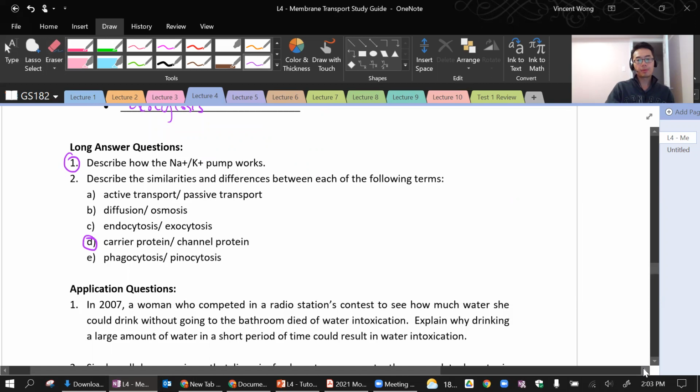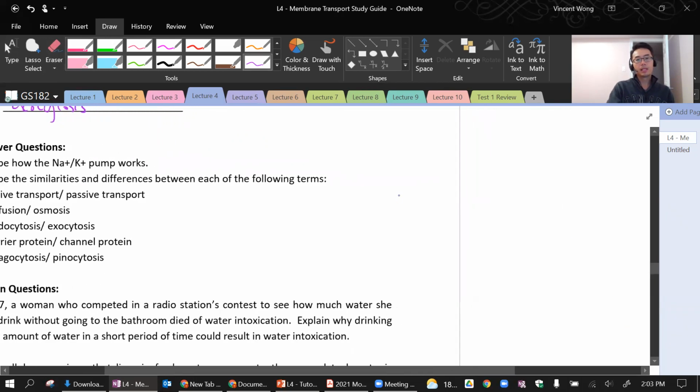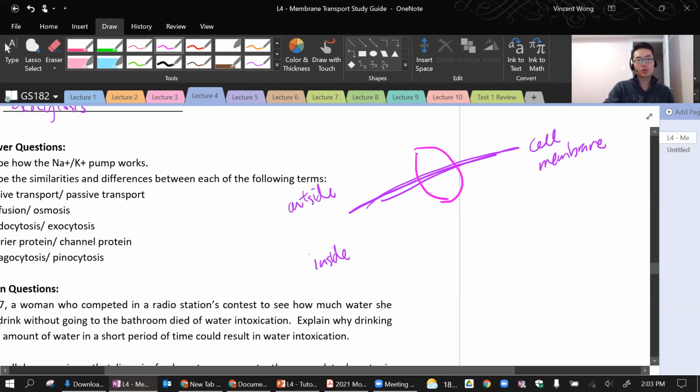Sodium potassium pump. What is a sodium potassium pump? Okay, so this is your cell membrane. This is the inside of the cell. This is the outside. On some cells, you have this thing called the sodium potassium pump. The job of the pump is to pump 3 sodium out in exchange for 2 potassium.